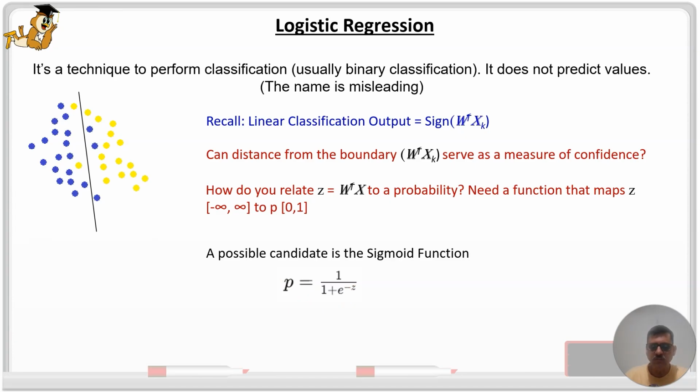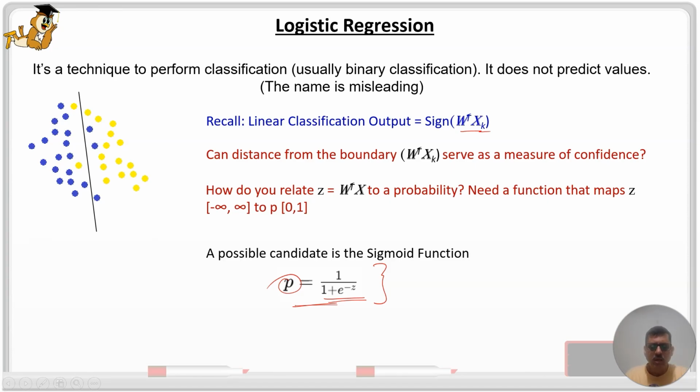This function is also known as the sigmoid function. It has a name. Let us see what happens if we use this function to map W transpose x to the probability.